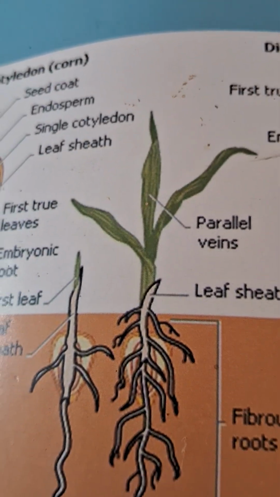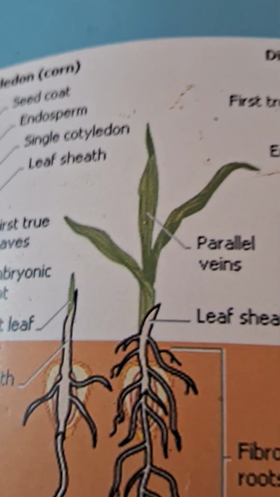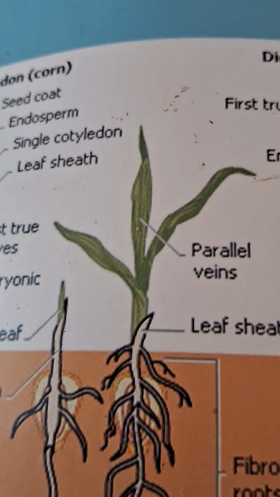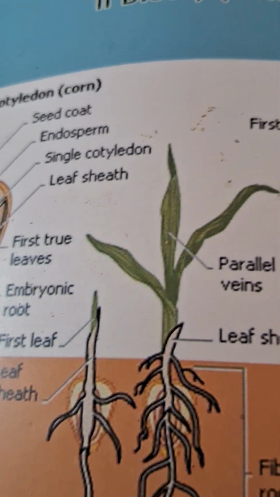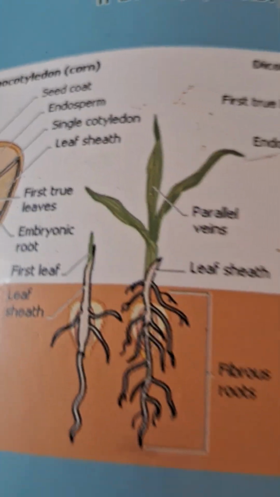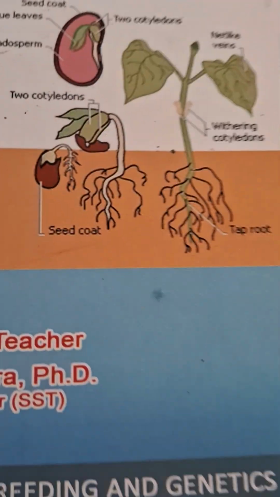In fill-up questions, if the question is asked like "seed is dash", you have to write the answer as: seed is a matured fertilized ovule which is used for further propagation.